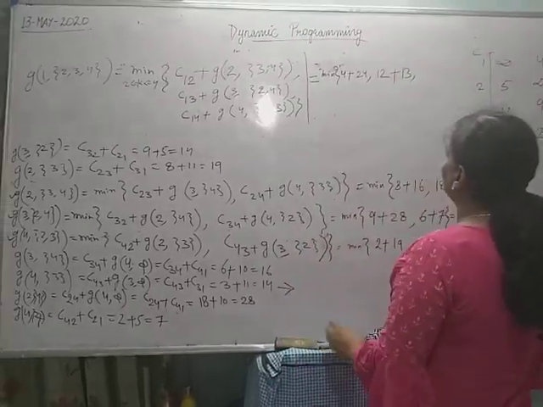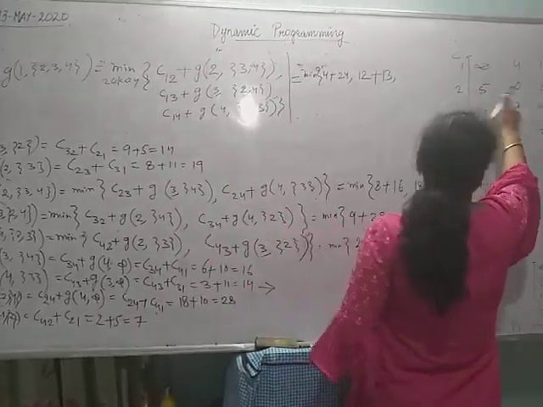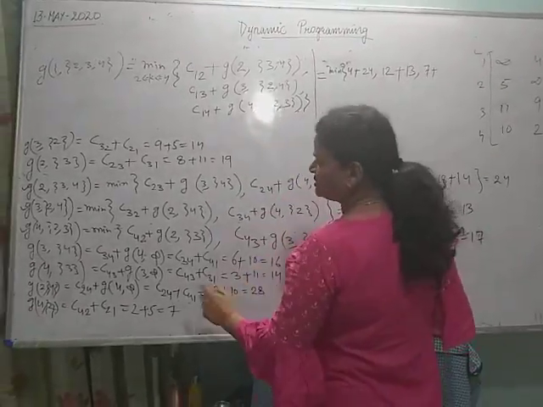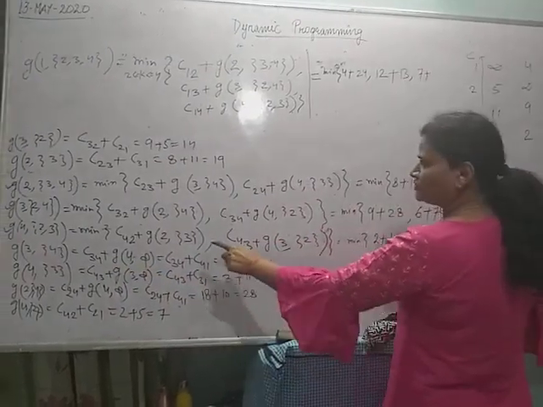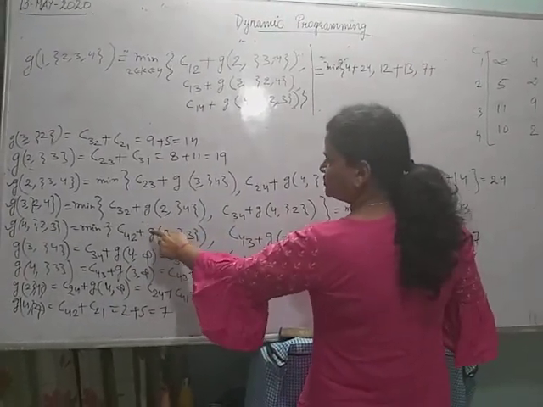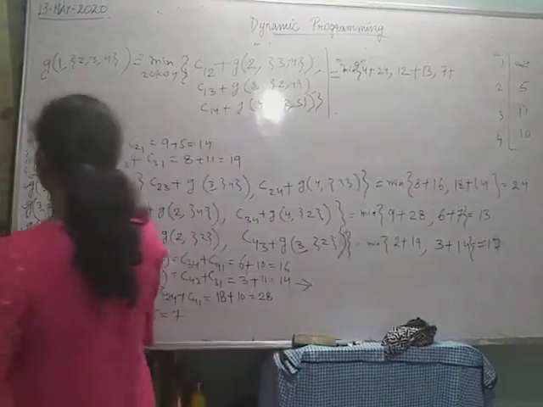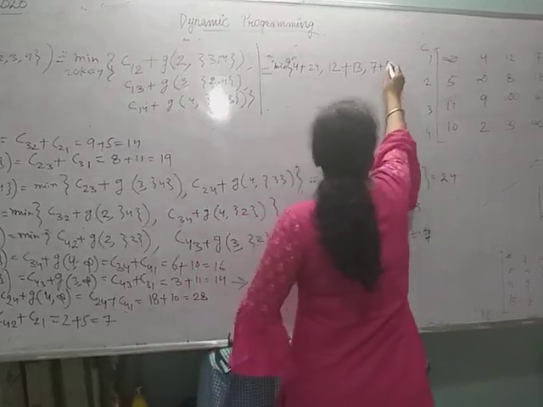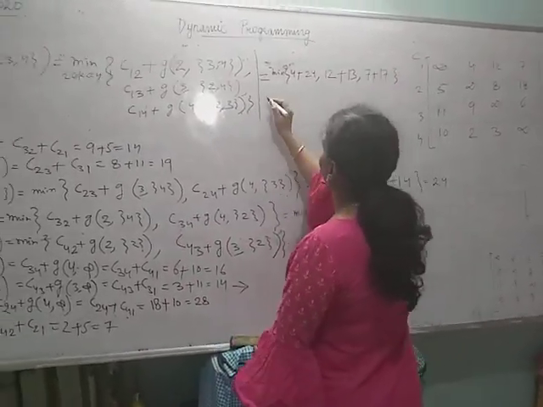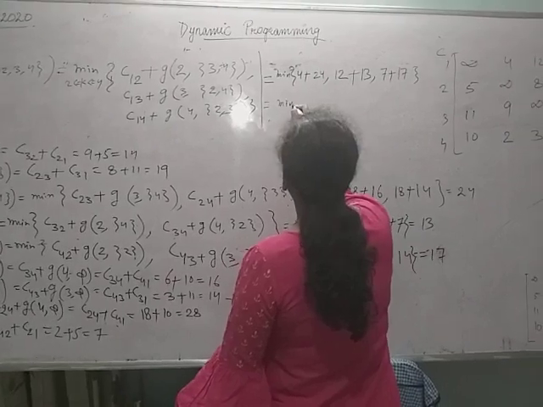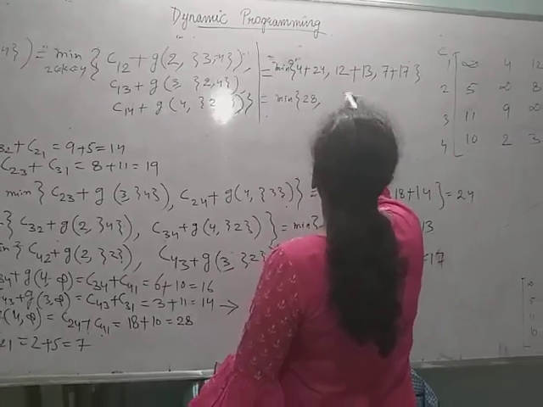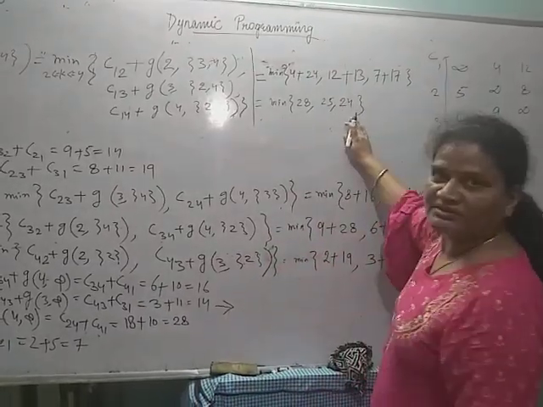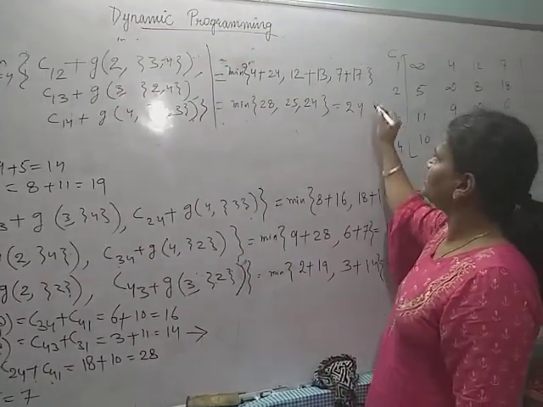Then C14 is 7 plus G423, is this one, 423 is this one, 17. So what we get, minimum of 28, 25, 24. So this is 24.